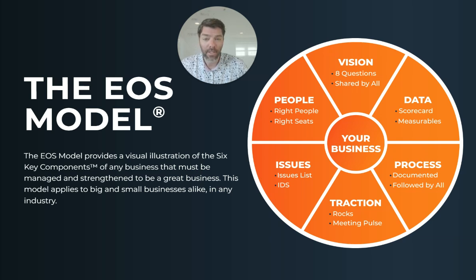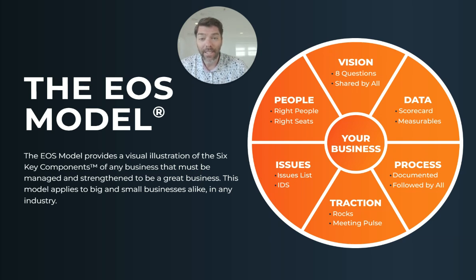The people component is all about getting the right people into the right seats. A right person we would define as someone who's in alignment with your core values. We've defined those core values and now we're intentional about using them in the business, making sure that we're all living and breathing these values, and we're also bringing new team members on that are in alignment with those values. Life's too short not to work with people you don't love.